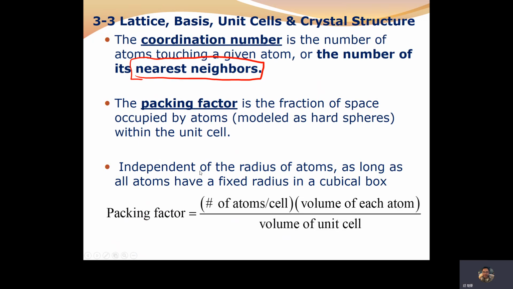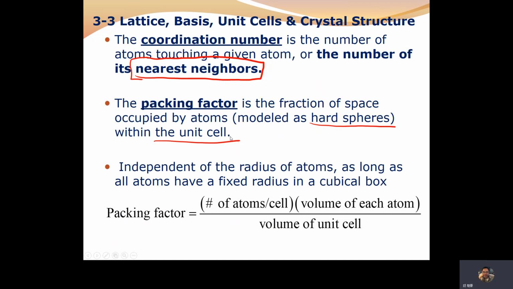And next is called the packing factor. What is the packing factor? That is the fraction of space occupied by atoms, modeled by hard spheres, within a unit cell. For example, how many atoms are in a single unit cell?